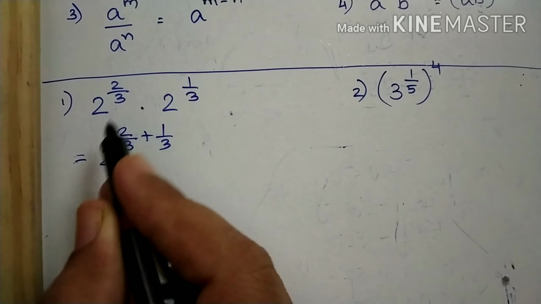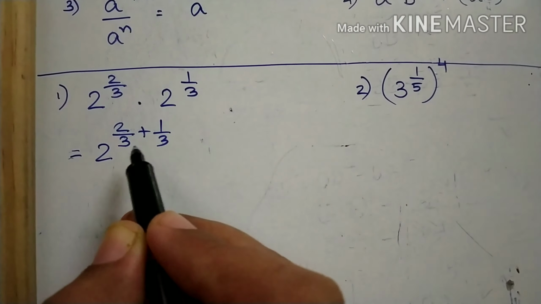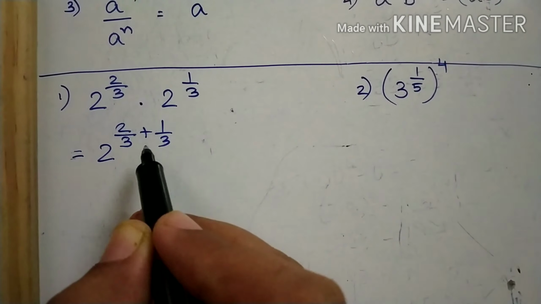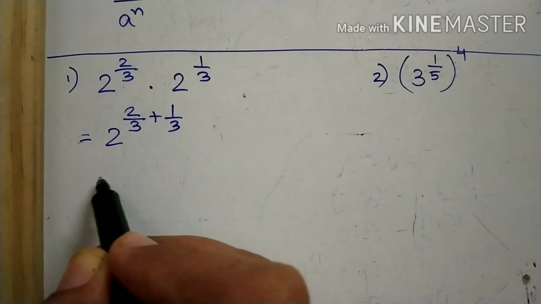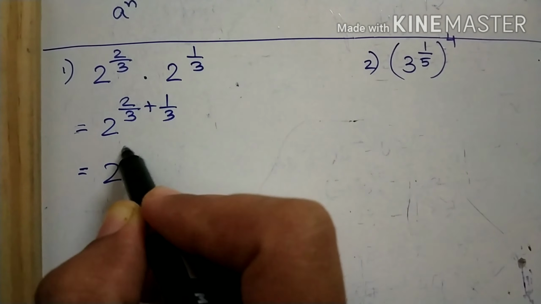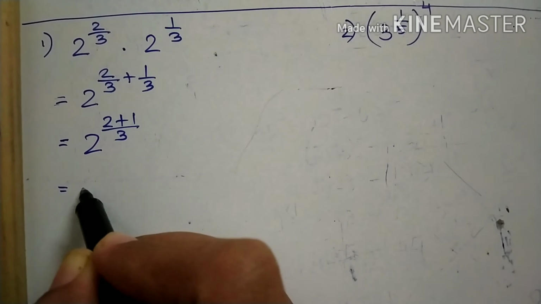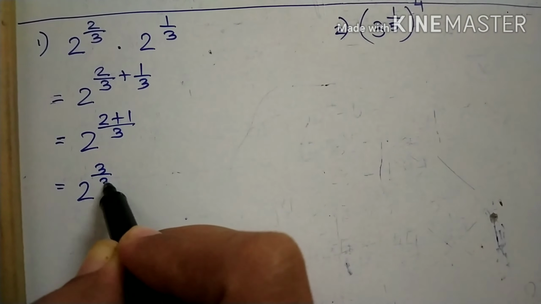Now these are fractions, and the bases are the same. Since they are the same, you don't have to take any LCM here. So it will be 2 raised to 2 plus 1 upon 3, so it is 2 raised to 3 by 3.